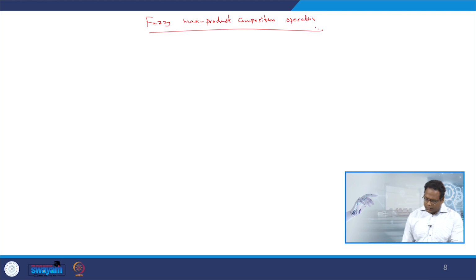With the same example we can take, but before that let us see the expression, or how it is defined.